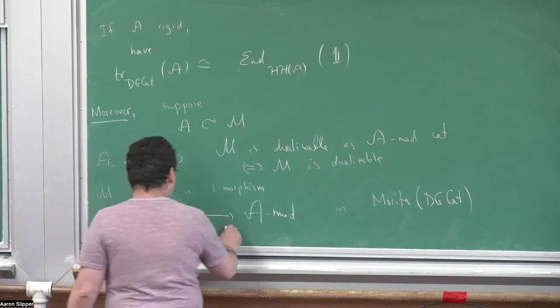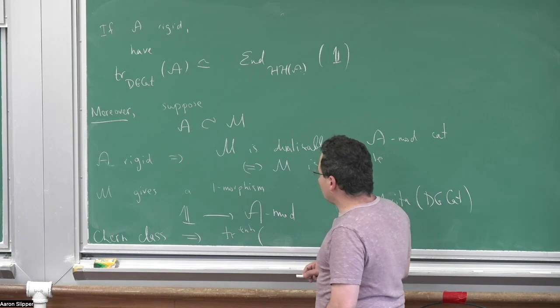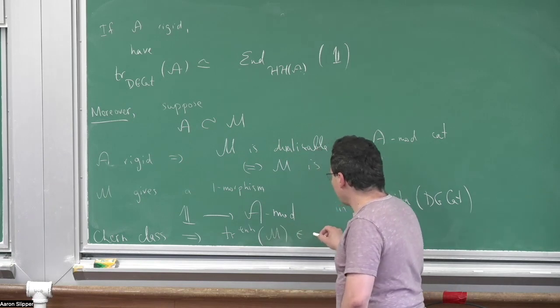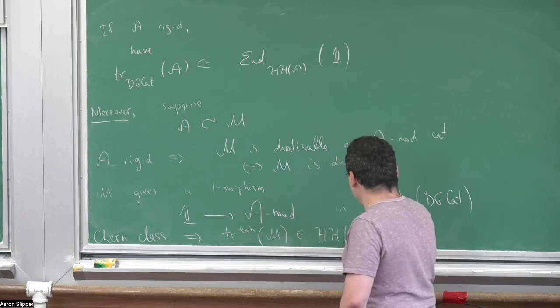What it does is it gives an object called trace enhanced of M in this functional homology category.